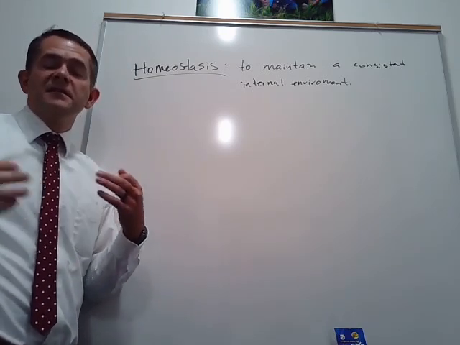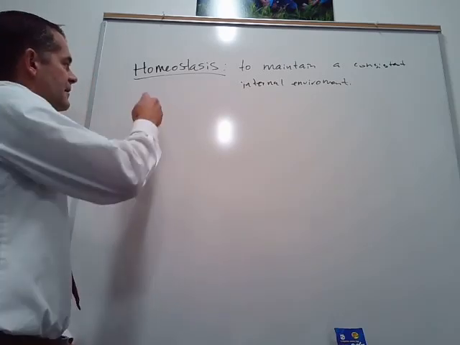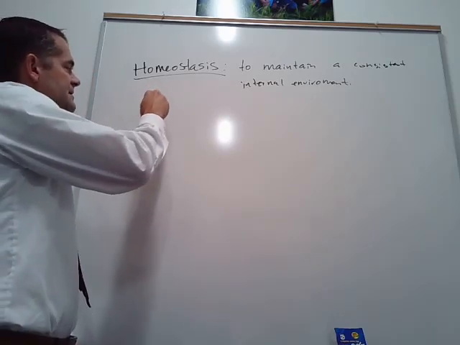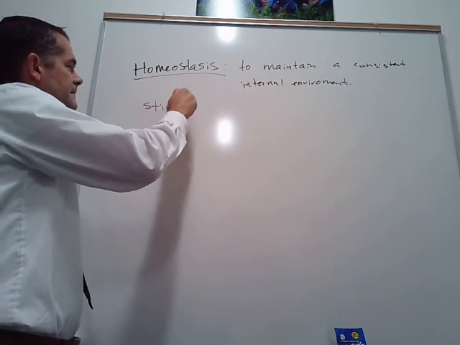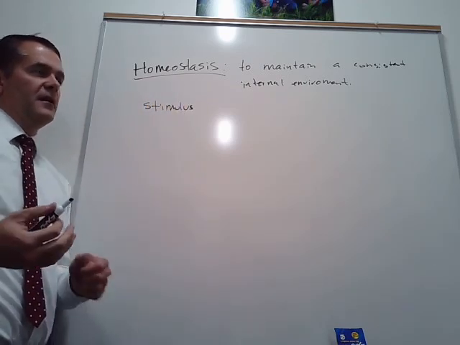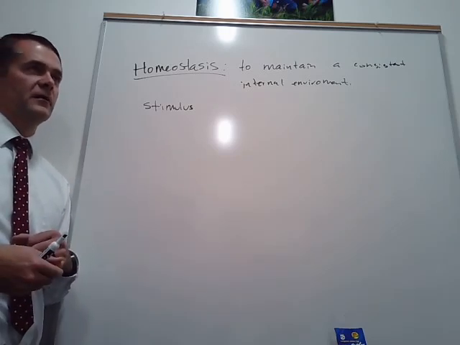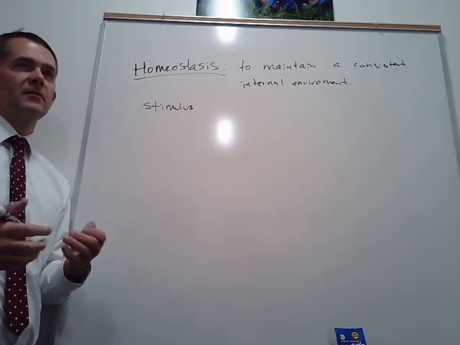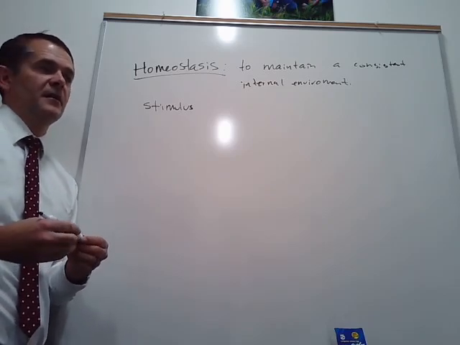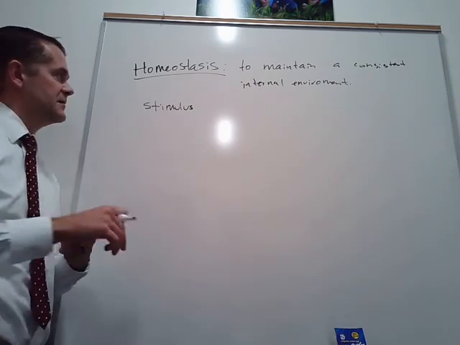Well, there's lots of different homeostatic systems, and all those systems have these parts in common. There's going to be some kind of stimulus. Okay, maybe that's a temperature change, or maybe you're losing blood and your blood pressure's dropping, or maybe you're sick and that's causing some kind of stimulus here, right?